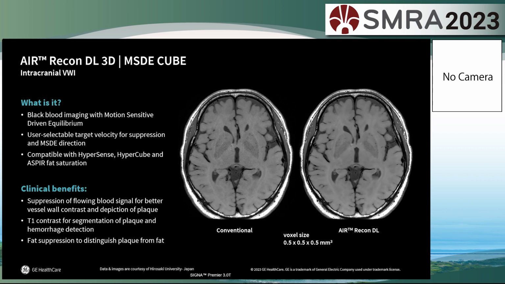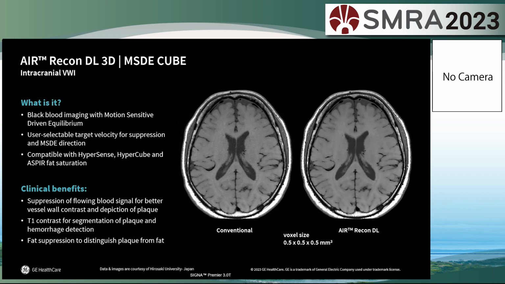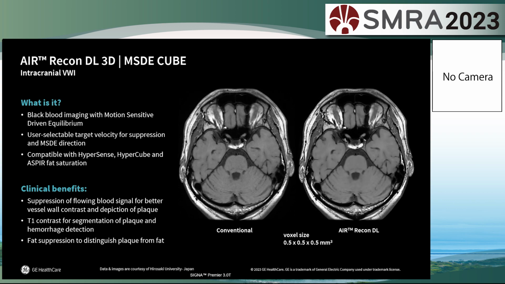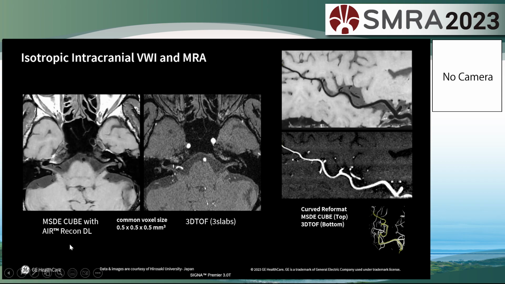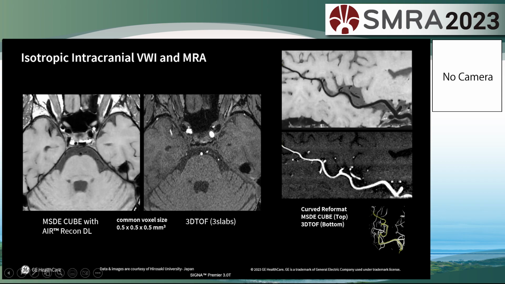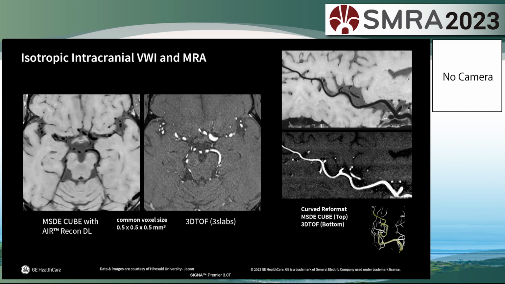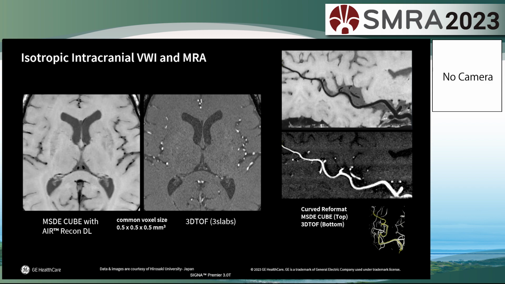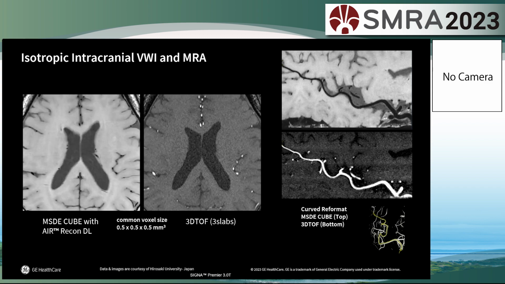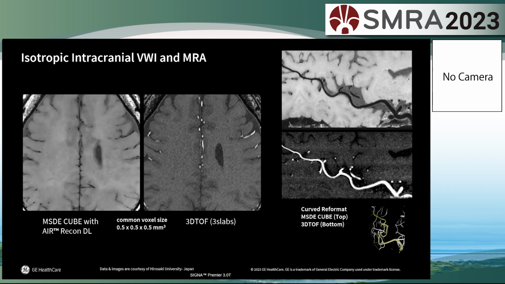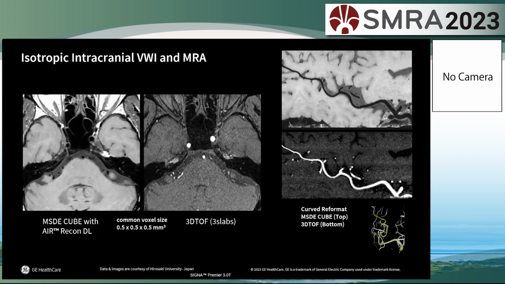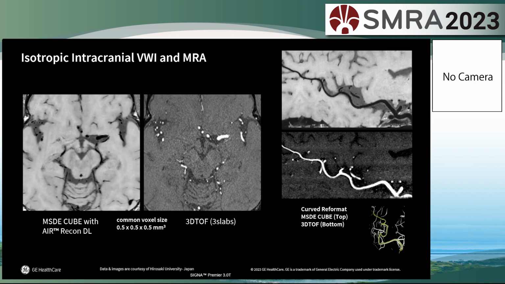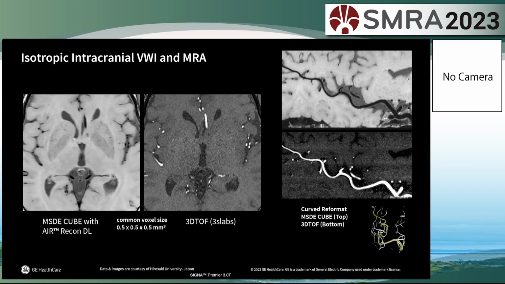Now this is the 0.5 millimeter isotropic intracranial vessel wall imaging. This slide shows the MSDE-Q vessel wall imaging and also the 3D TOF MRA with the same voxel size of the 0.5 millimeter isotropic spatial resolution. As you know, one benefit of the high resolution isotropic imaging is that we can see the good curved reformat aligned with the intracranial vessels, as shown on the right side.